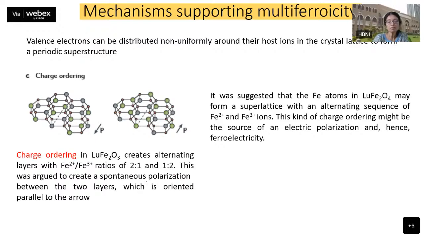So this creates spontaneous polarization between the two layers. So this is how ferroelectricity is supported using charge ordering, because in this case you are forming a superlattice with an alternating sequence of Fe2+ and Fe3+ ions.